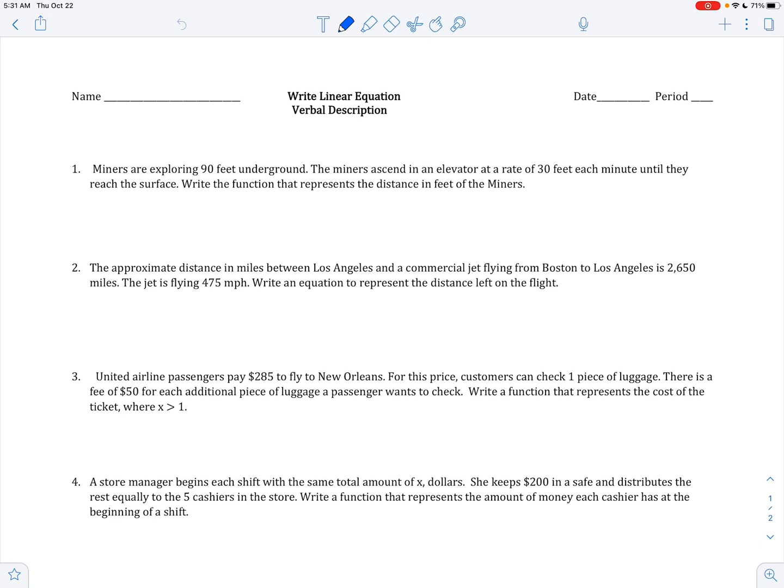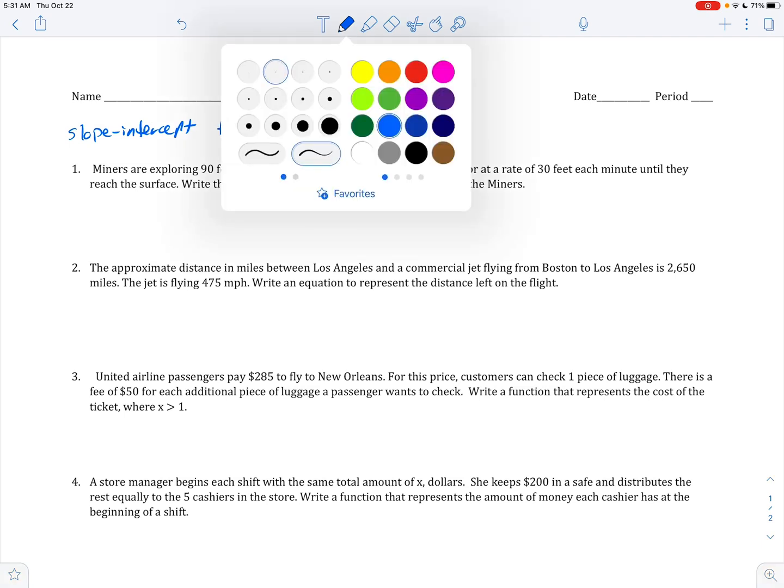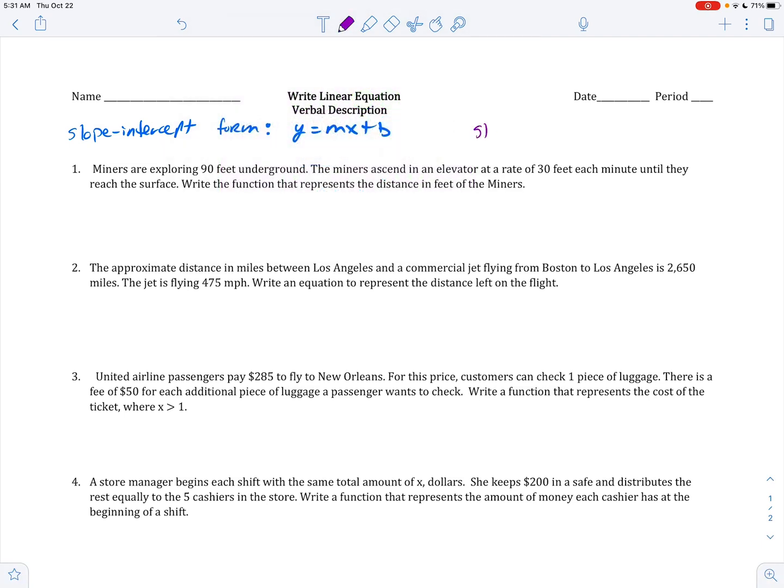Slope-intercept form, right, is y equals mx plus b. Standard form is ax plus by equals c.